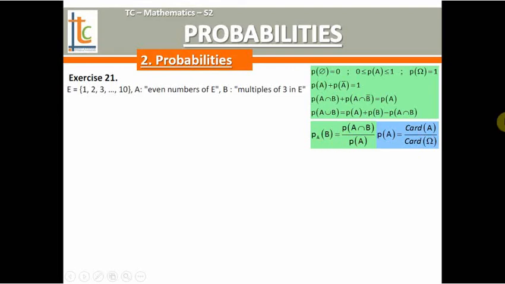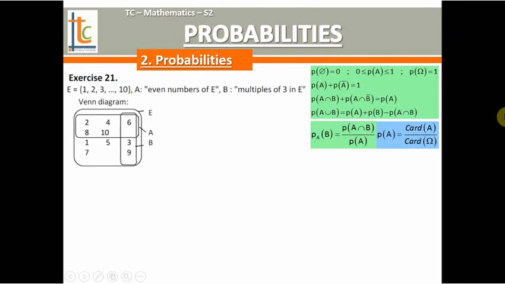So let's display a Venn diagram of our example. We can see the whole set E, the subset A of even numbers, and outside it the odd numbers, and the subset B with multiples of 3, and the outside of B that contains all that is not a multiple of 3.